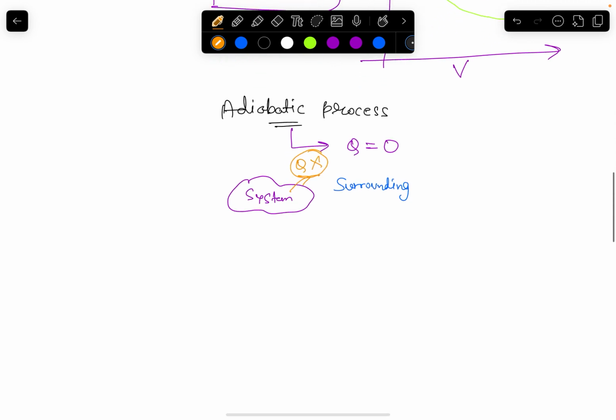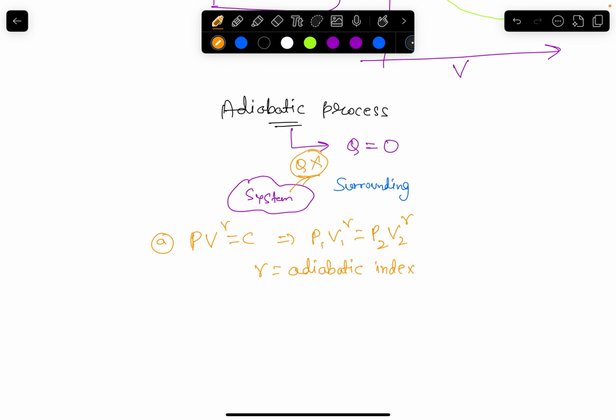And in the adiabatic process, we have three different formulas. Later on we will see how to derive them. The first one is P1V1 to the power gamma equal to P2V2 to the power gamma. Here gamma is the adiabatic index.